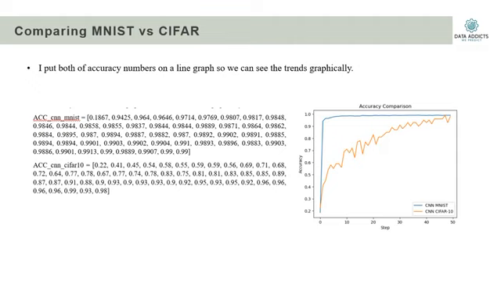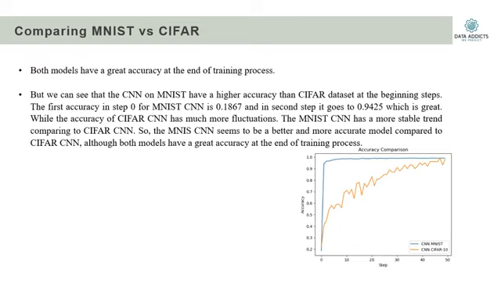If I compare these two accuracy rates, I can see that both of them have a great accuracy at the end of the training process. But we can see that the CNN on the MNIST dataset has a higher accuracy than the CIFAR dataset at the beginning steps.